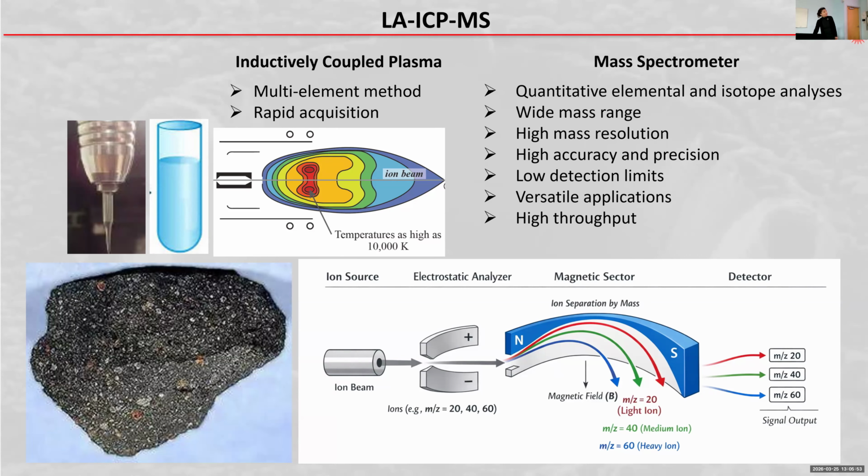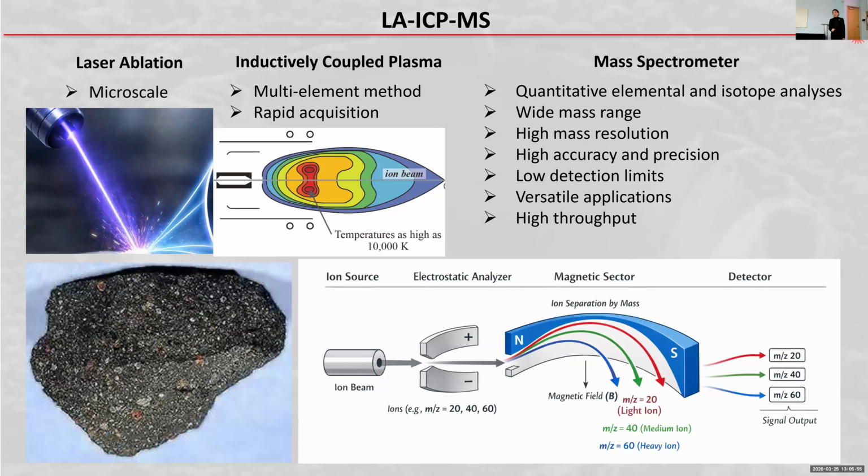So a wise man said, why don't we just connect a laser in front of the plasma and get rid of all the lab work and also gain the spatial resolution.